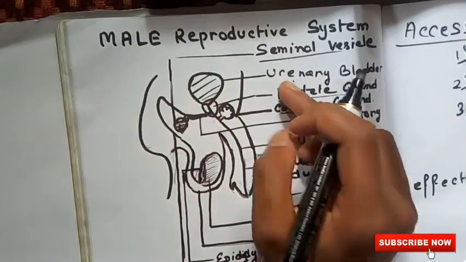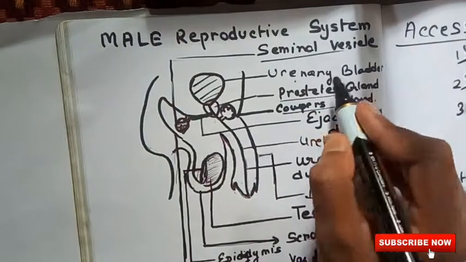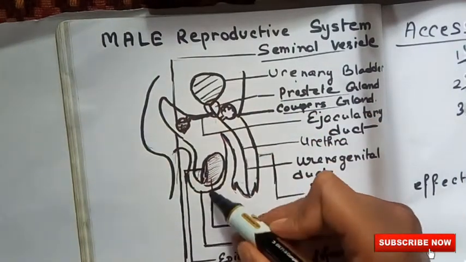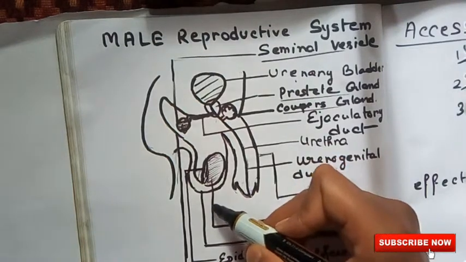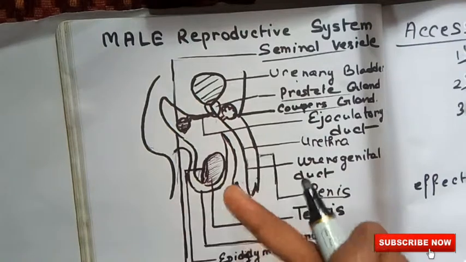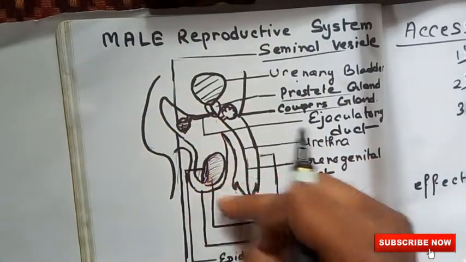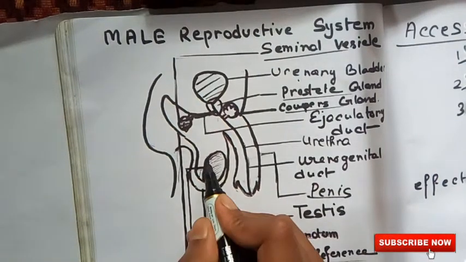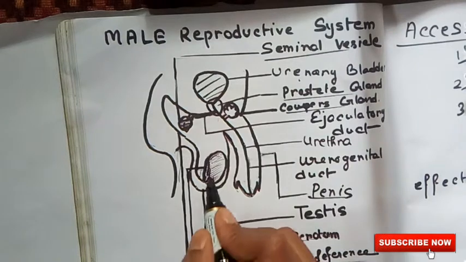The primary and secondary sex organs of the male reproductive system: number one, primary, that is the testes, and the function of the testes is to make the sperm. Let's talk about the secondary sex organs, that is the epididymis, which connects with the testes.